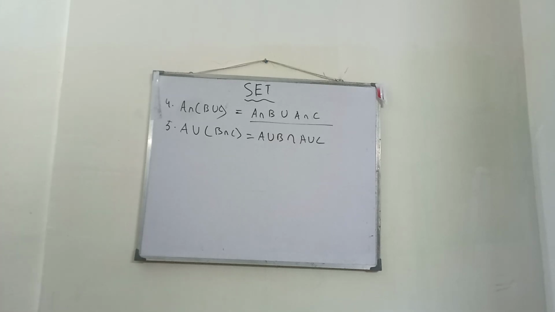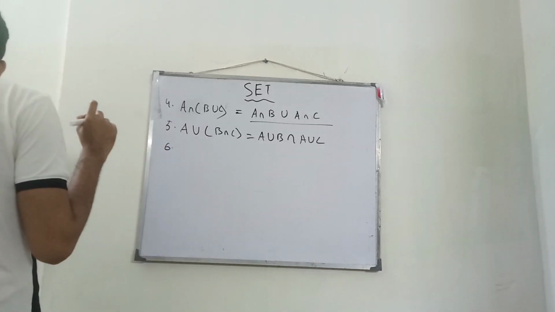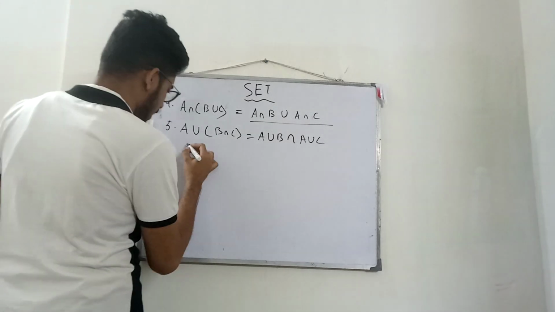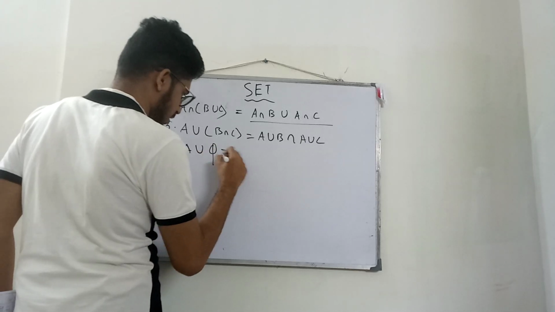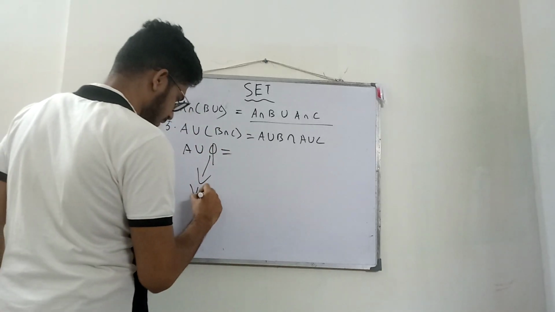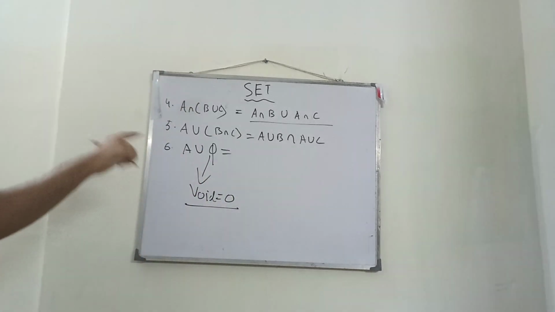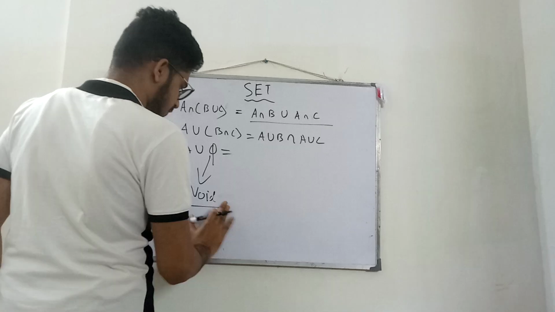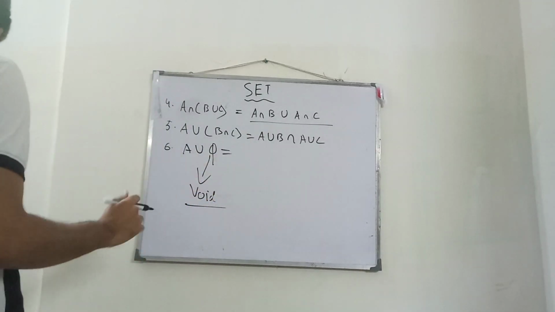Okay, done. The thing I also want to note is A union phi. What is the meaning of phi? Void means zero, or you can say void, empty, like nothing.